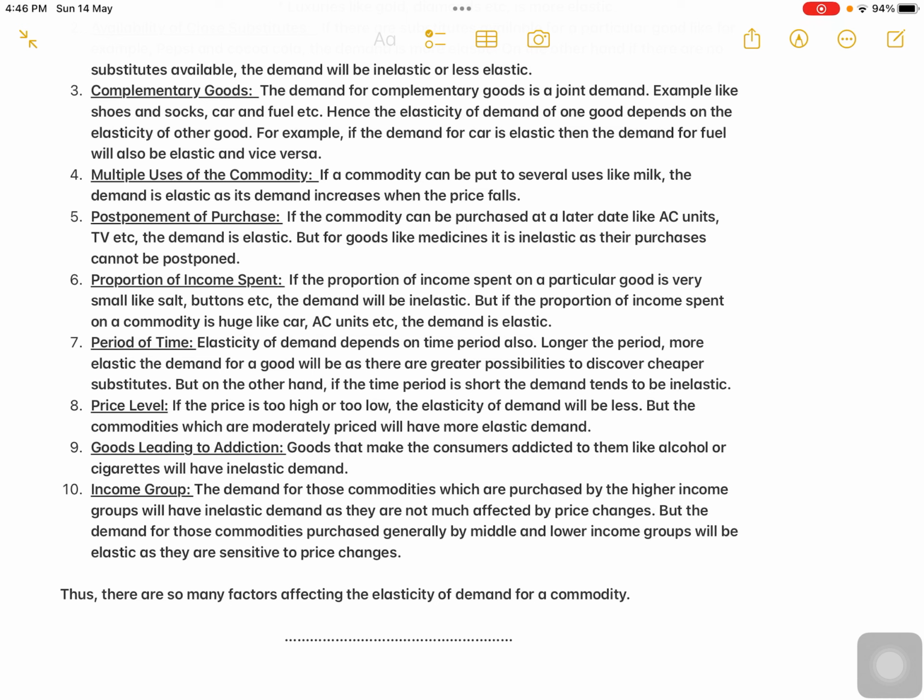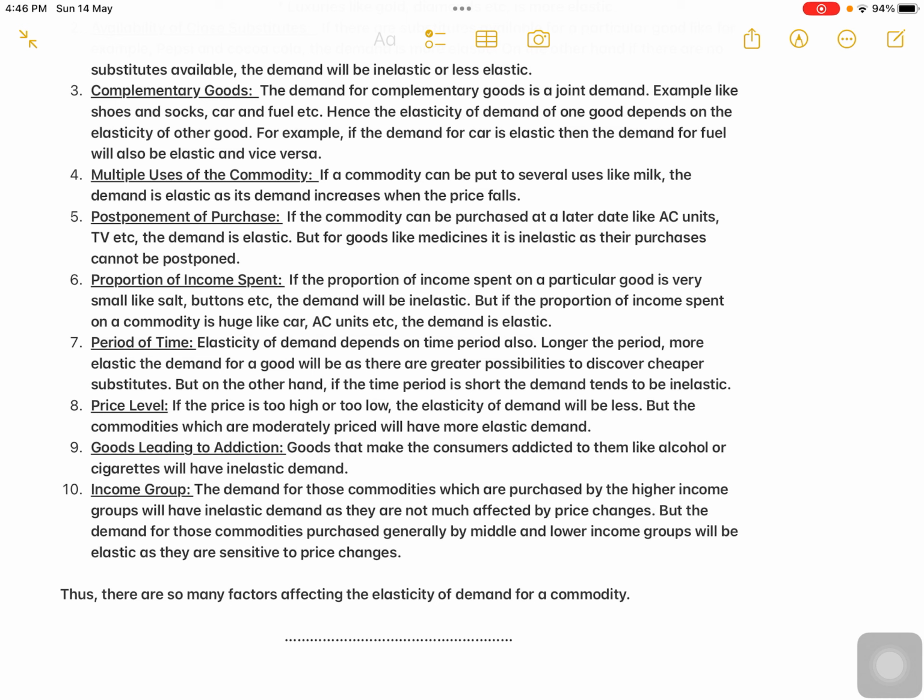Then coming to the sixth point, proportion of income spent. Proportion of income spent means that out of our total budget, total income, some commodities take too much of our income, and we have to spend too much on them. But there are certain commodities or services that take only an insignificant amount of our income.